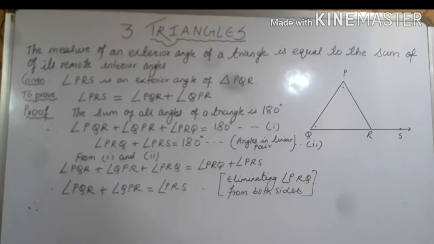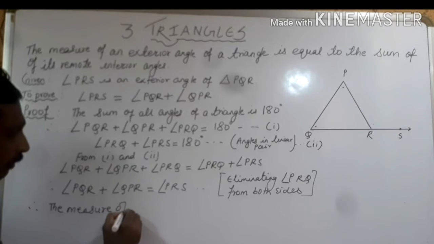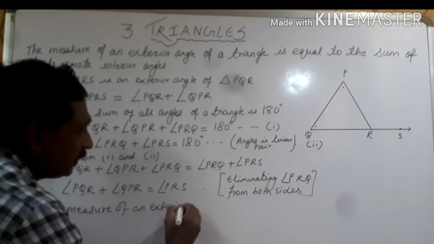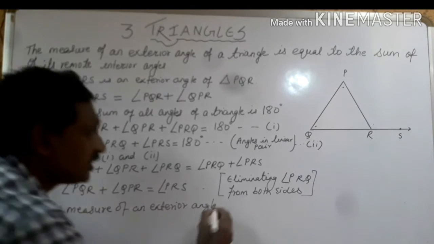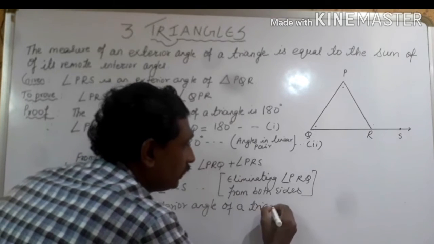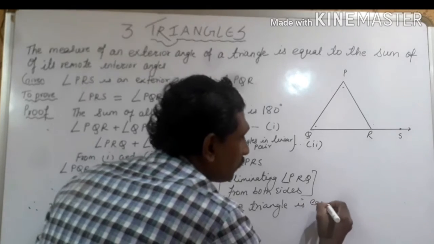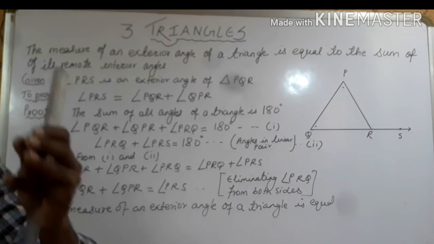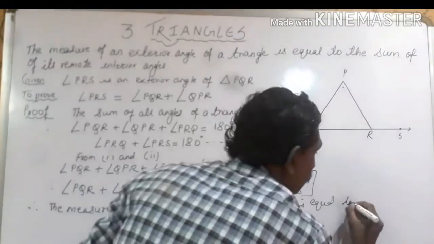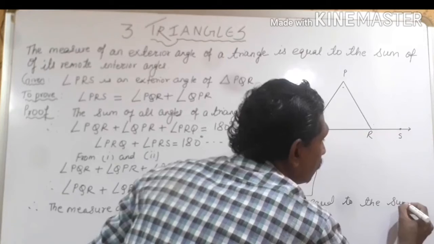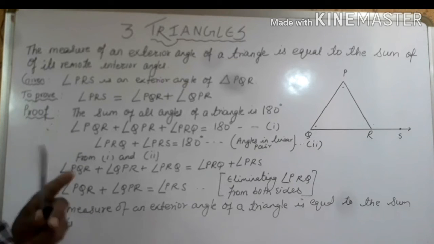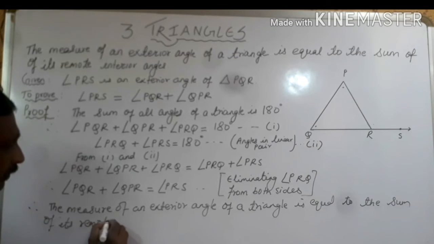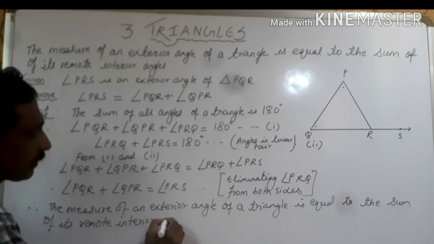Therefore the measure of an exterior angle of a triangle is equal to the sum of its remote interior angles.